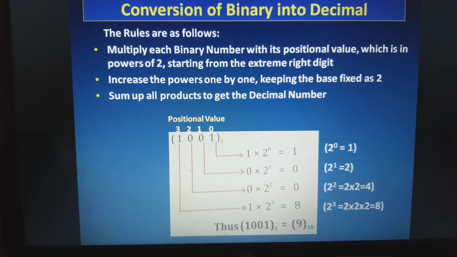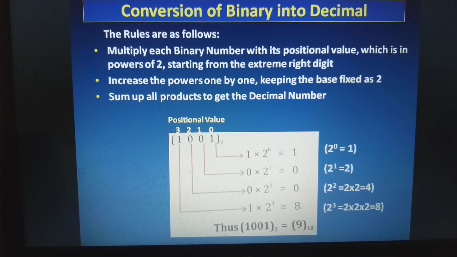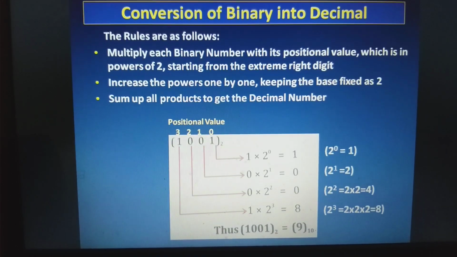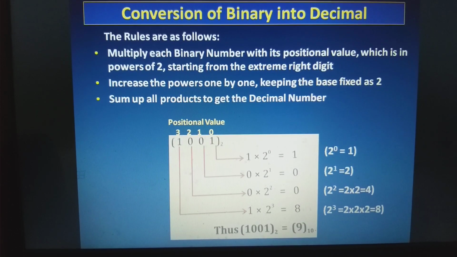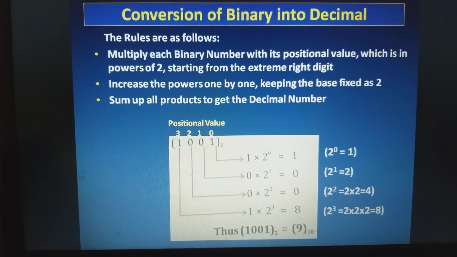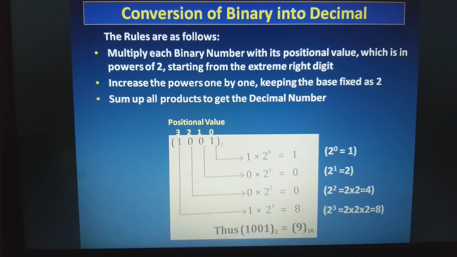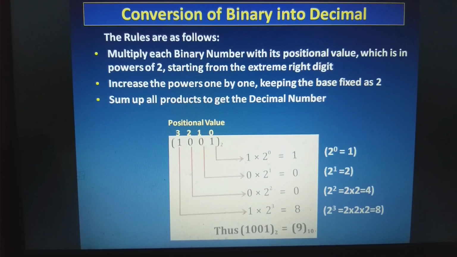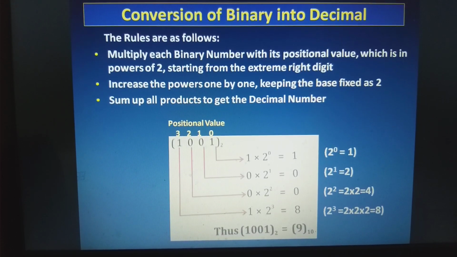Now, we have to know what a positional value is. Positional value represents numbers according to their place values, starting from the extreme right digit. So, the ones place is 0, tens place is 1, hundreds place is 2 and the thousands place is 3.